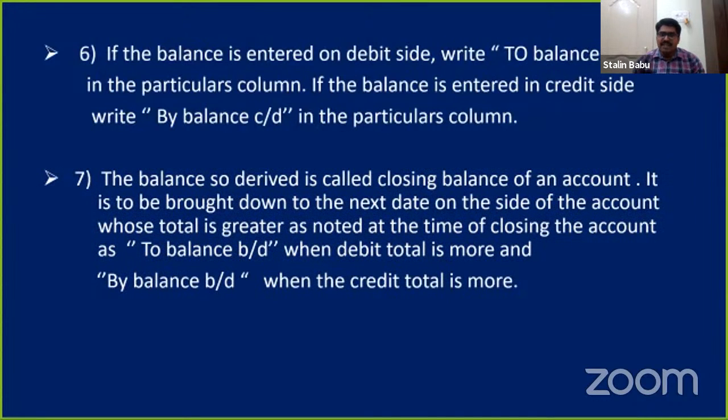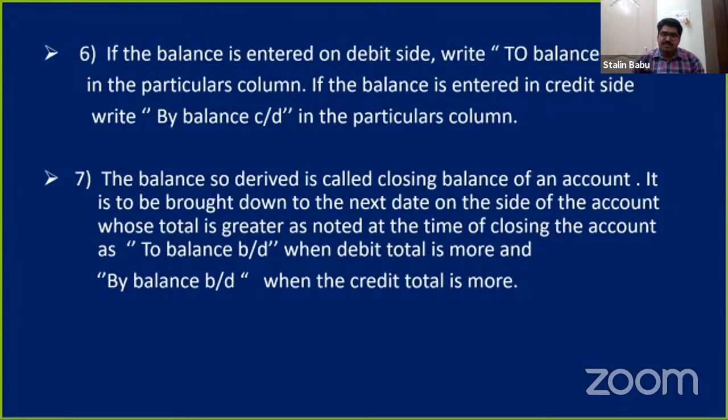The balance so derived is called the closing balance of the account. So the difference is called the closing balance of an account. It is to be brought down to the next day on the side of the account whose total is greater, noted as "to balance B/D" when the debit total is more and "by balance B/D" when the credit total is more.